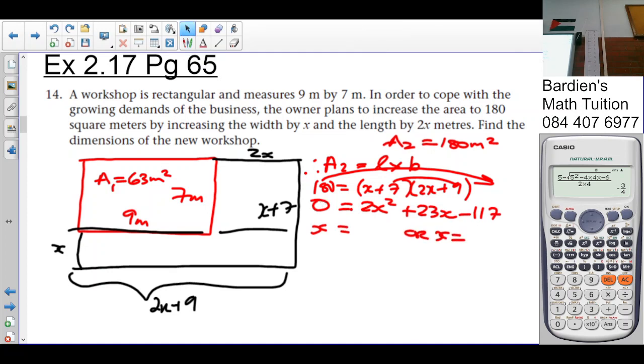The quadratic equation formula is minus b, which is negative 23, plus the square root of b squared minus 4ac, over 2a.